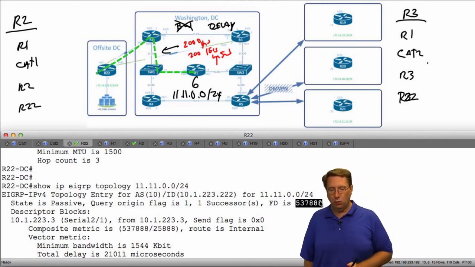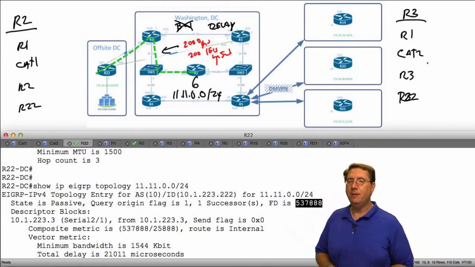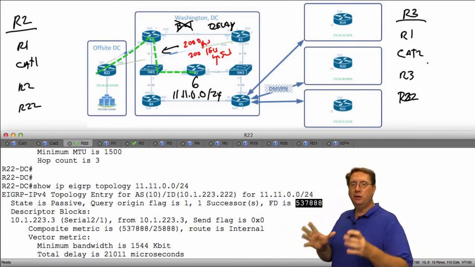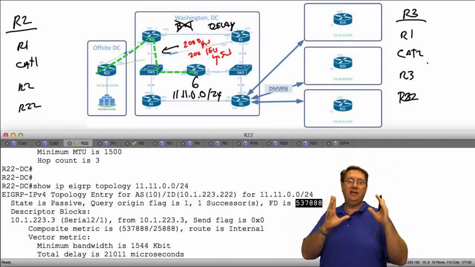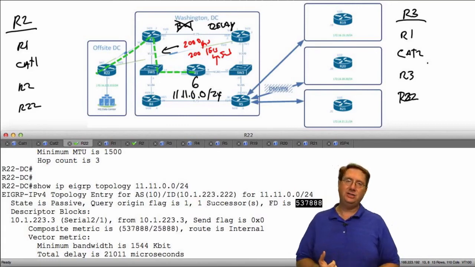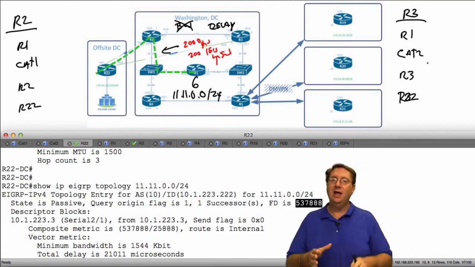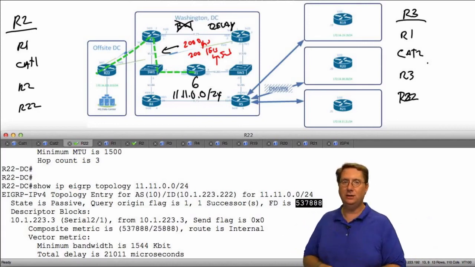537,880. Now, when we look at this, we need to address the feasibility condition first. The feasibility condition states that we will not place a prefix in the topology table unless the prefix is equal to our own, or if it matches the feasibility condition, which means the advertised distance of our neighbor must be less than the feasible distance that we use to select our best route.